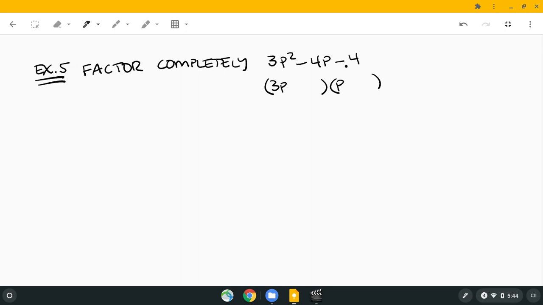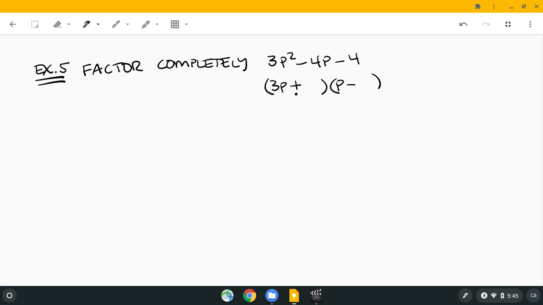We want a -4. The only way to get -4 is if we have different signs, one positive and one negative. Maybe they're in the wrong place. We don't know, but that's okay, because we saw in the last video that if they're in the wrong place, we'll end up with positive 4p, and all we have to do is change the signs. Easy fix.